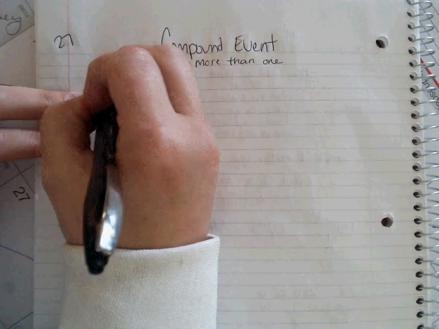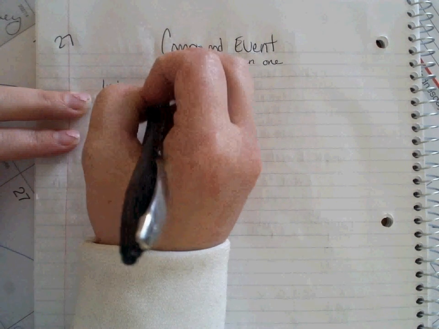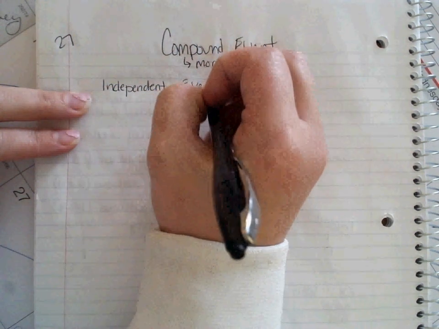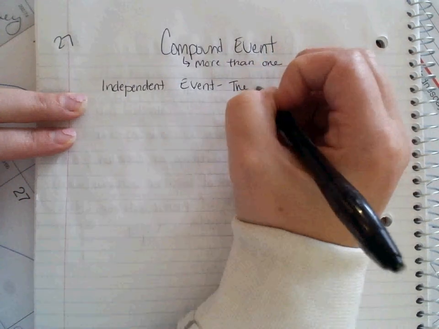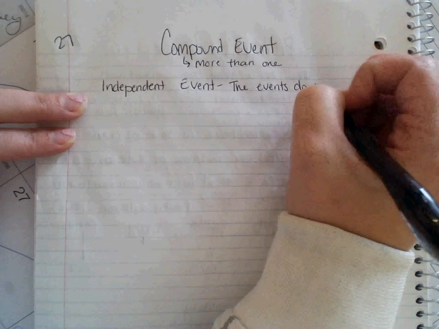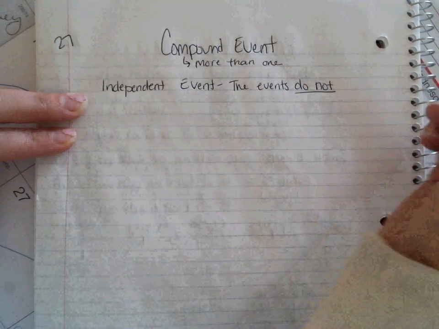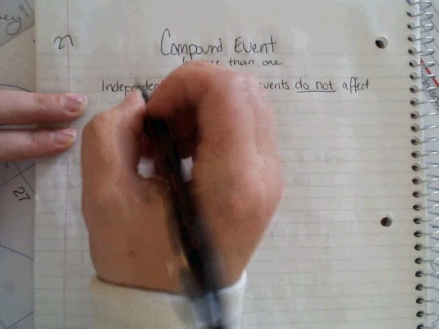One of them is an independent event, and this is where the events do not affect each other.